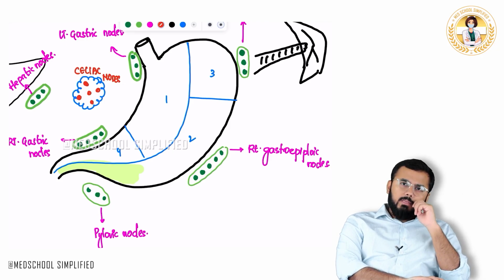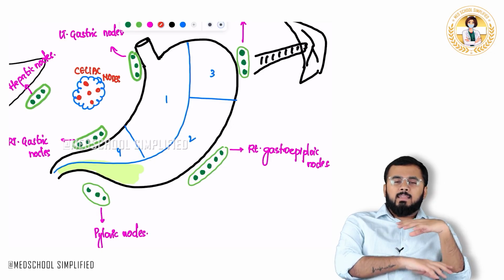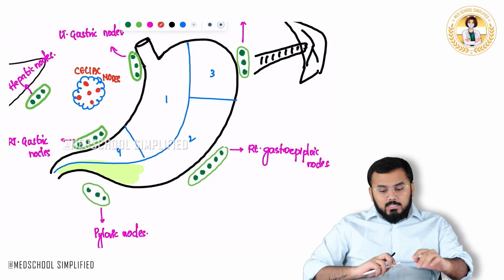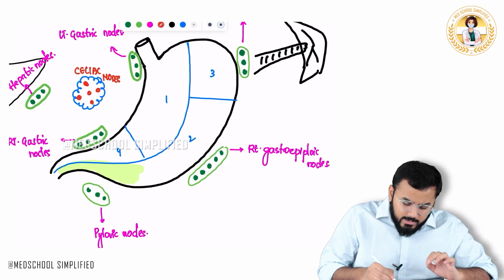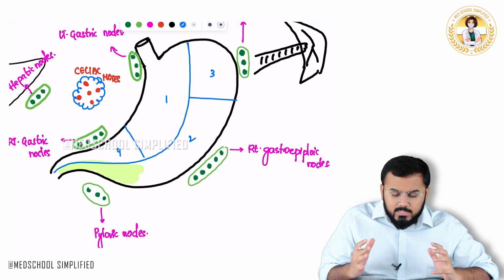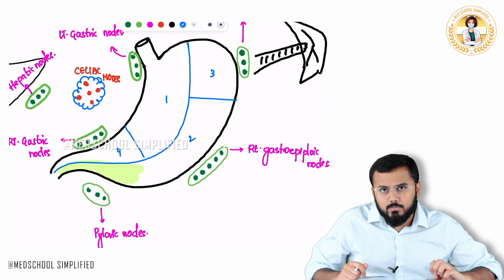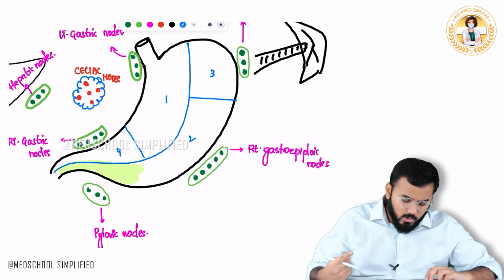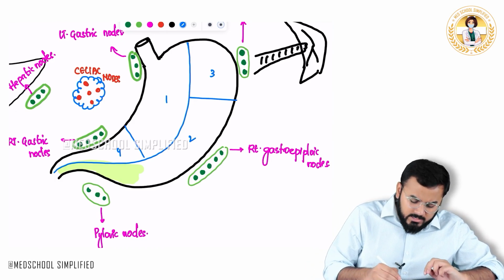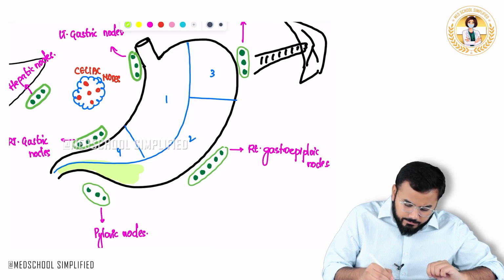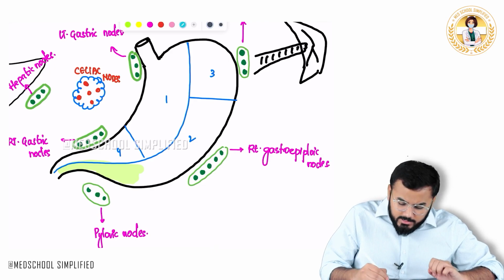Now what is happening here? At the end, all these lymph nodes together will drain into the celiac group of lymph nodes. What I am trying to explain is, for example, let us say this part number 3.